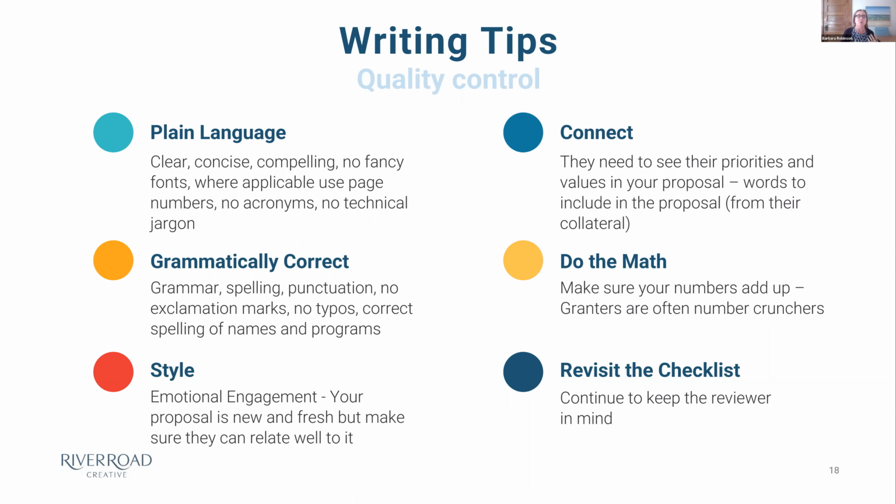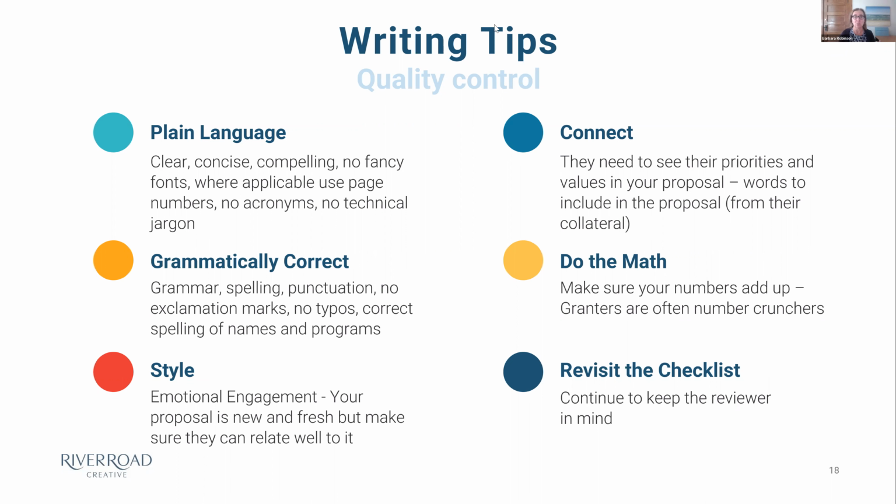Style, you want to engage them. Your proposal is new and fresh, but make sure they can relate well to it. Make sure it comes across as new and fresh to them, but also coming back to addressing their needs or your perception of their needs. Again, they need to connect. They need to see their priorities and values in your proposal.